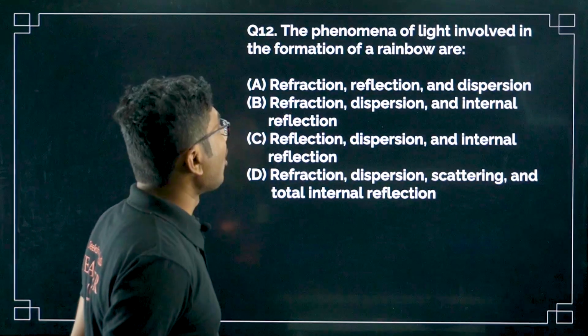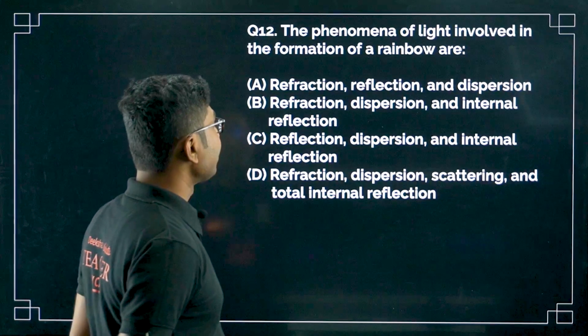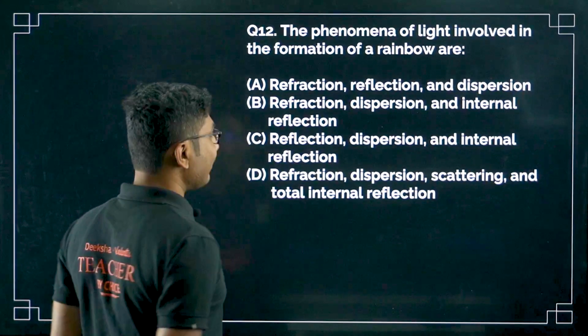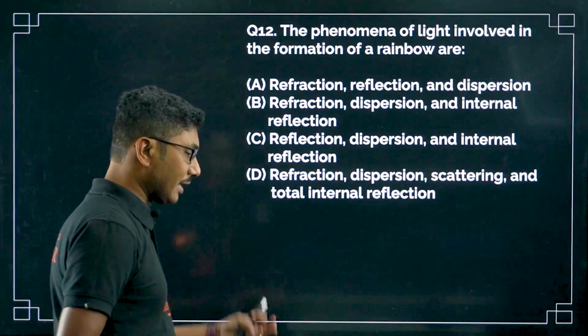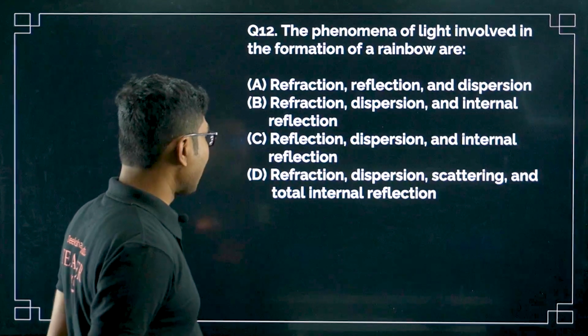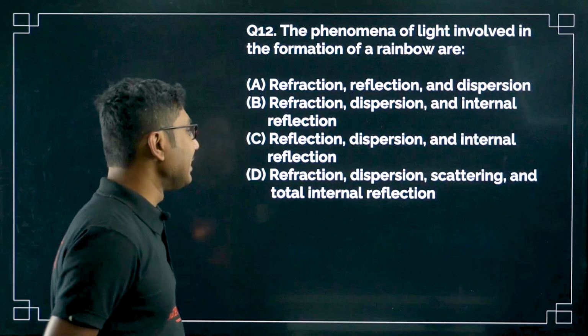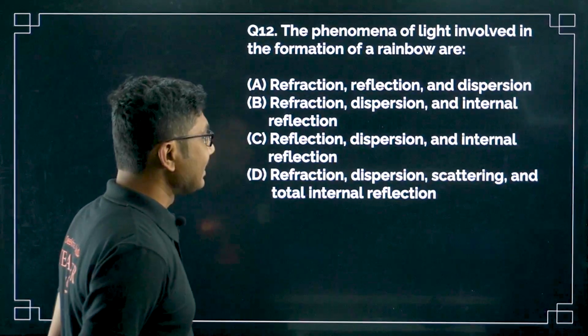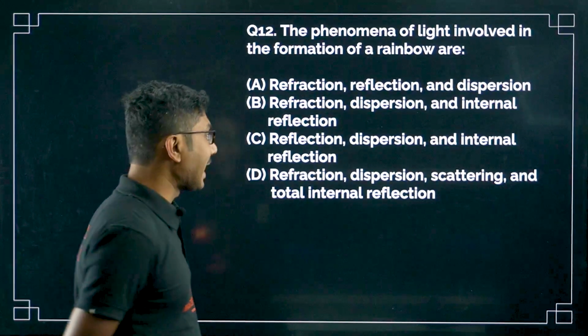The phenomena of light involved in the formation of rainbow. We have seen this question in my regular lecture as well. What is involved in the formation of rainbow? Refraction, dispersion, scattering, and total internal reflection. Is scattering involved? No, scattering is not involved.